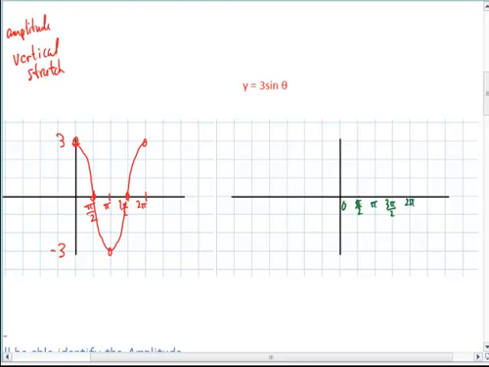And the sine function, remember, it started at 0, and it went up to a 3 value and down to a negative 3 value. So we would just follow the progression on the quadrantal values, and we get a more stretched out version of sine, because the amplitude is 3 units.